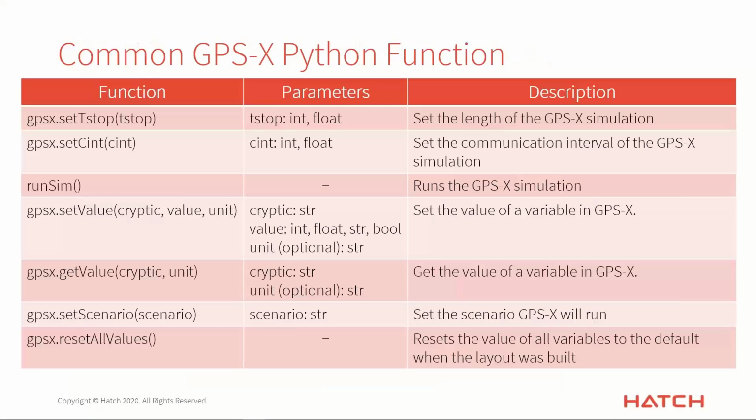But there's about 7 that I think are very important to understand, and they're going to be ones that we use throughout our desktop demonstrations a bit later. But the ones that I think are important and you'll need to know are the set tstop, set sint, runSim, GPSX set value, GPSX get value, GPSX set scenario, and GPSX reset all values. And we're going to show how they're used in our demonstrations a little bit later.